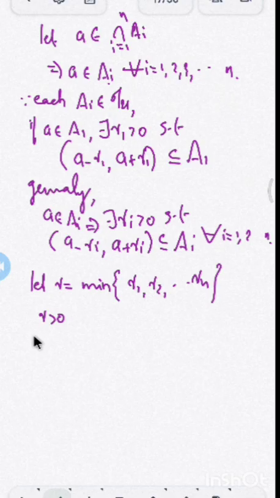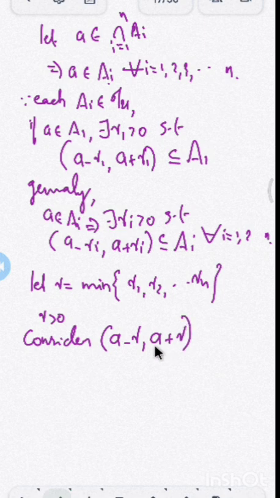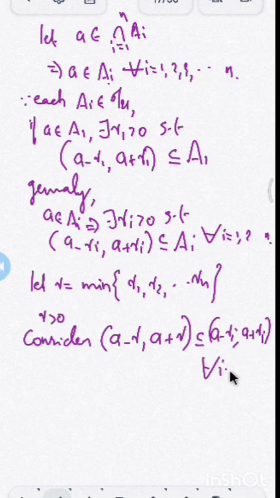Then you consider the interval of the form A minus R, A plus R. You can see that this is the smallest interval among all these A minus Ri, A plus Ri, because R is the smallest radius. So it will be contained in A minus Ri, A plus Ri for every i equal to 1, 2, 3, etc., n.